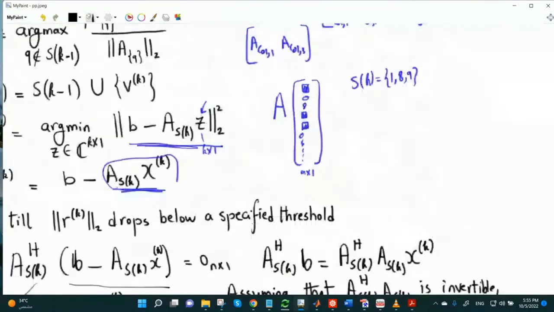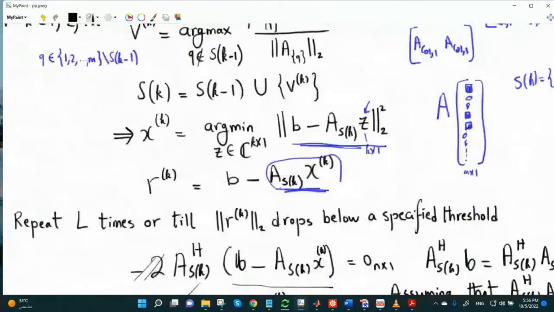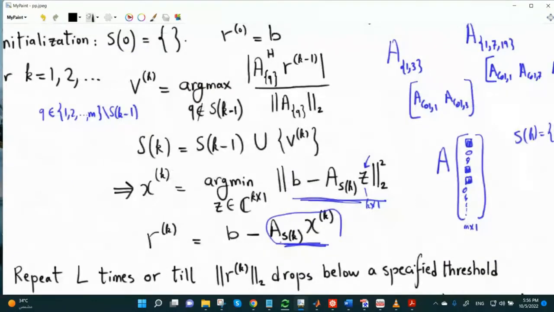In the orthogonal matching pursuit algorithm, once we obtain the new index, the new column that we are using in matrix A is appended to this set to get S of k, and then we obtain this k-dimensional vector z. This will be x of k.